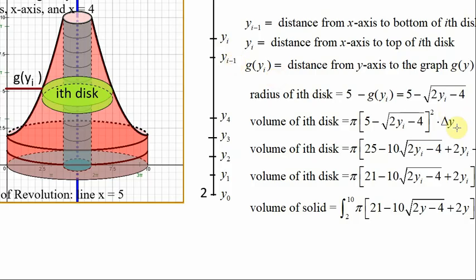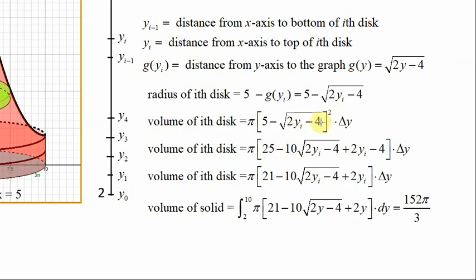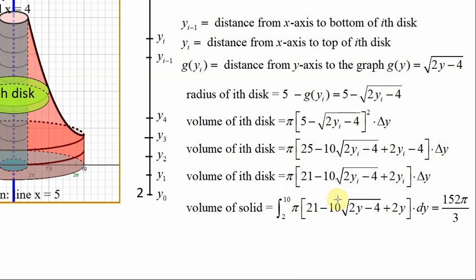Let's denote it as delta y, since the thickness of all disks is the same. And then simplify this part right here, we get 25 minus 10 times the square root of 2y sub i minus 4 plus 2y sub i minus 4. And then we get 21 minus 10 times the square root of 2y sub i minus 4 plus 2y sub i. So this is the volume of the ith disk right here.